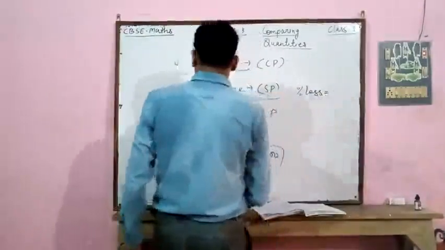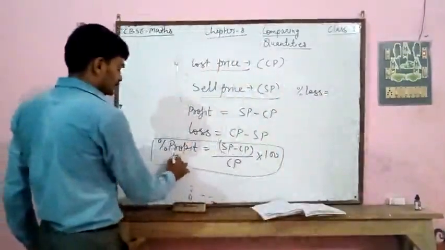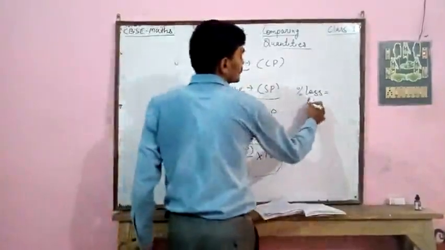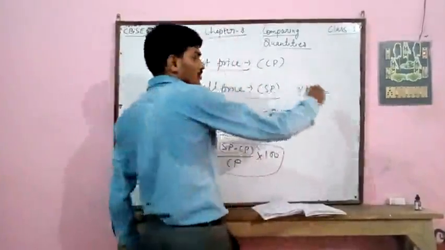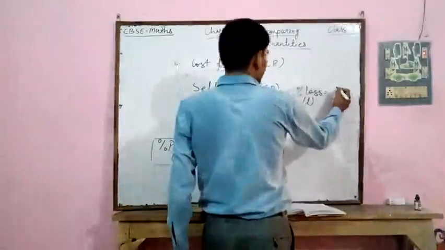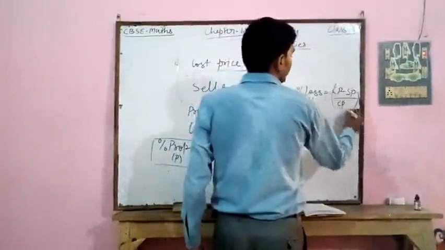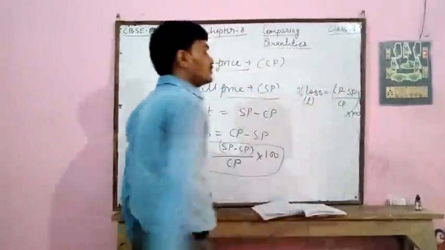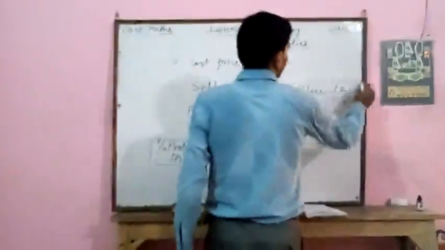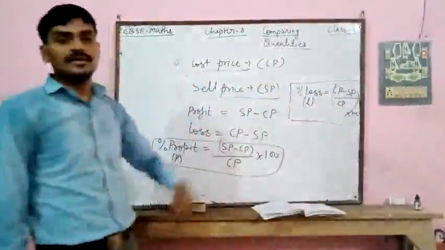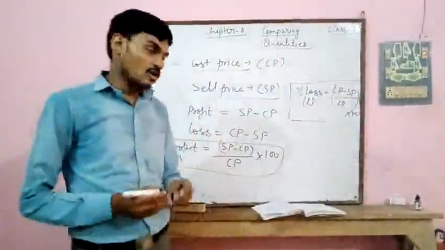We denote percent profit as profit percent and percent loss as loss percent. Percent loss is (CP minus SP) upon CP into 100. So this is the percent profit and this is the percent loss.